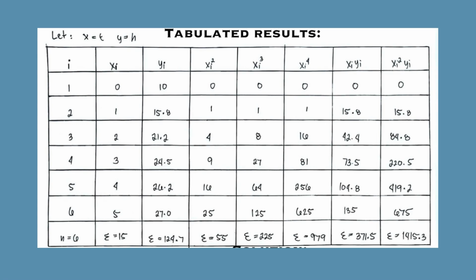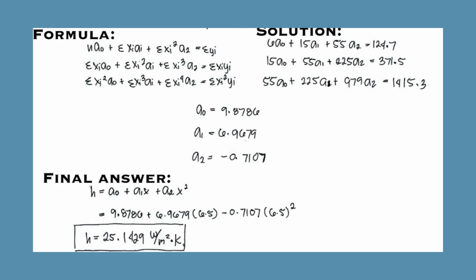And the same goes for the summation of x sub i squared, x sub i cubed, x sub i raised to 4, x sub i y sub i, and x sub i squared y sub i. After you put the results in the summations, our next step is to use the formula for finding a sub 0, a sub 1, and a sub 2.